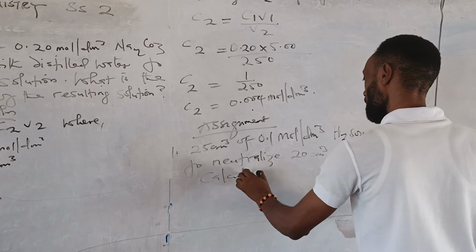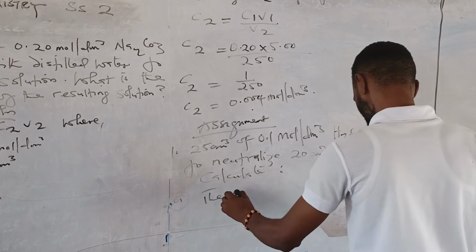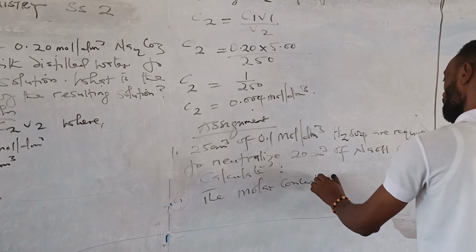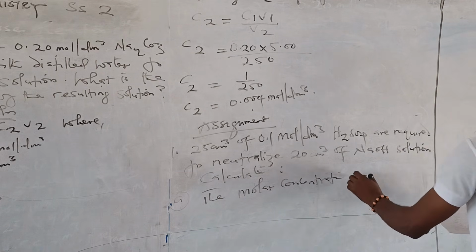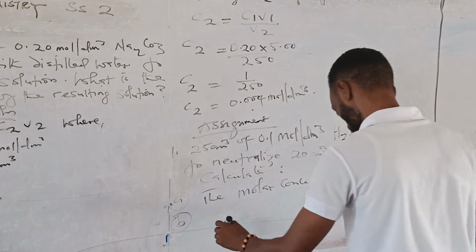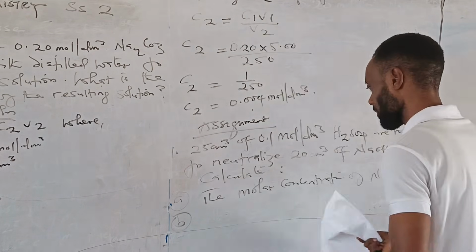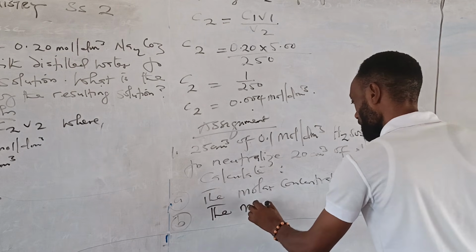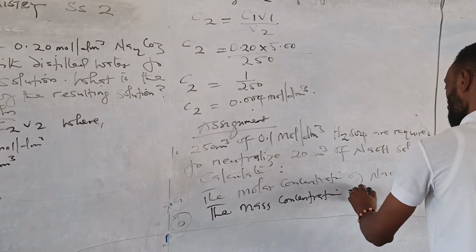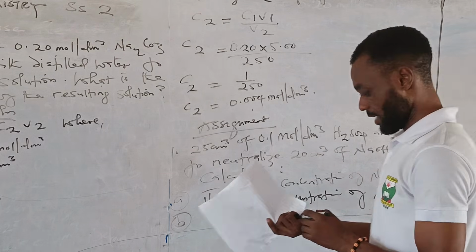Calculate A, the molar concentration of NaOH, and then B, the mass concentration of NaOH.